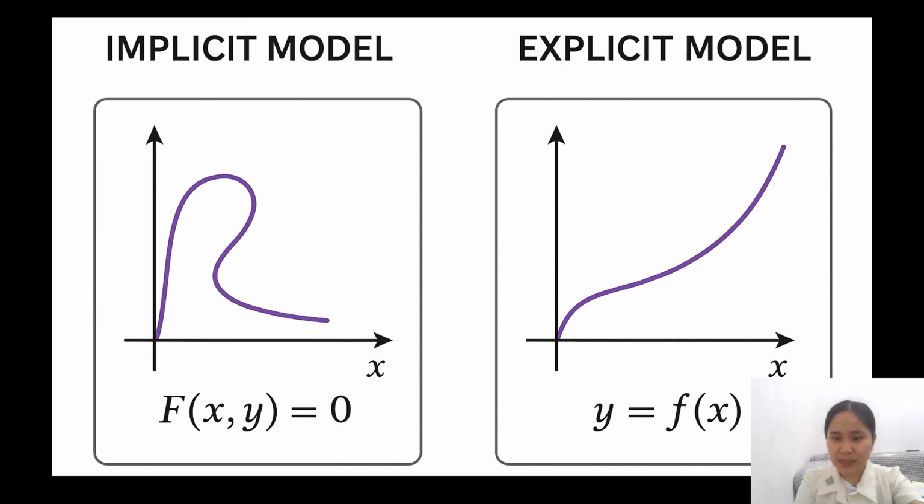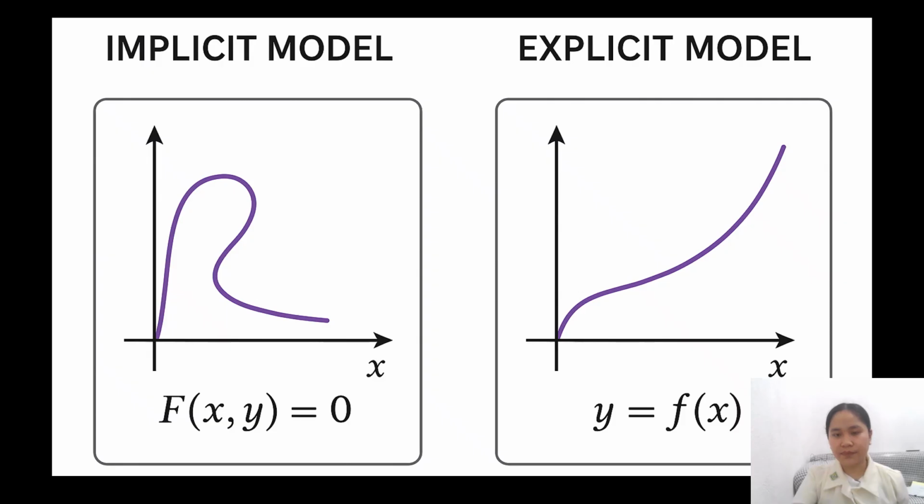While sa explicit naman, makikita natin straight line lang siya. While in explicit, it means solve for y lang. While this, it's solve for x and y. Which is one y value for each x and its graphs are a standard function.